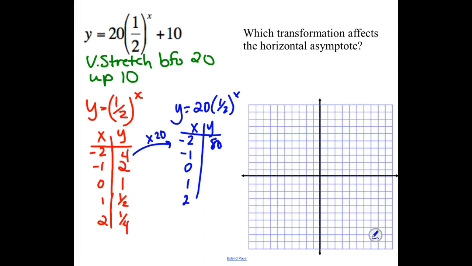The 2 becomes 40. The 1 becomes 20. The 1/2, half of 20 is 10. 1/4 of 20 is 5. Yes? And then what's the last thing I have to do to these? I have to move them all up 10. So I'm going to be adding another 10 to all those values. Yes? So we probably don't want to go by 1s on our scale. Let's go by 5s.